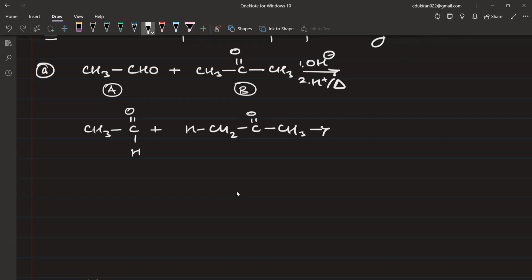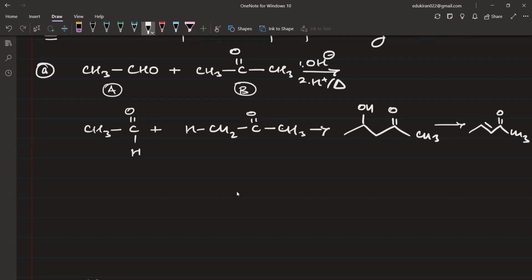This will be 1, 2, 3, 4, 5 carbon. This is going to have double bond O CH3. This carbon is connected to, and this is going to get OH. Then on further heating, it is going to give you something like this, right? This is the product if you are attaching the hydrogen to the oxygen of aldehyde.